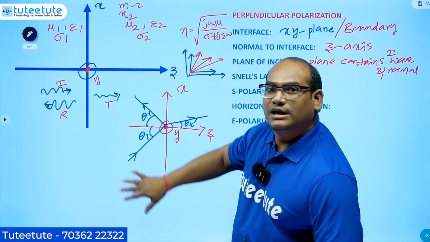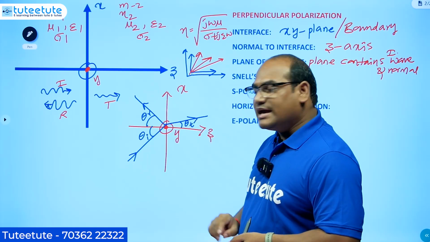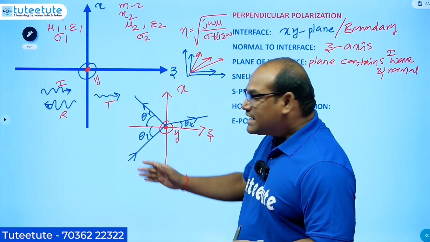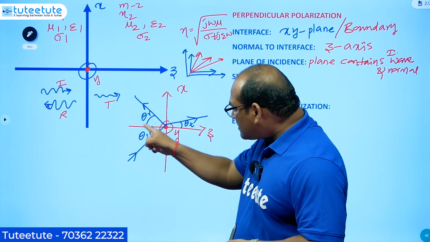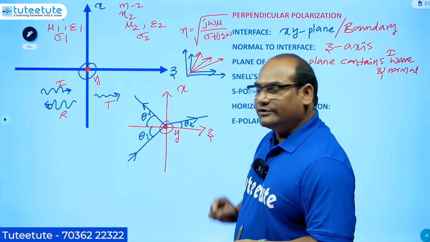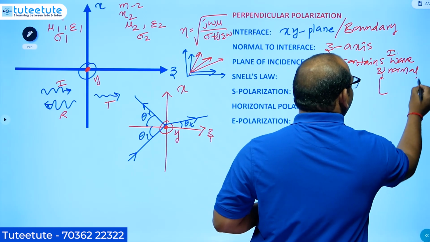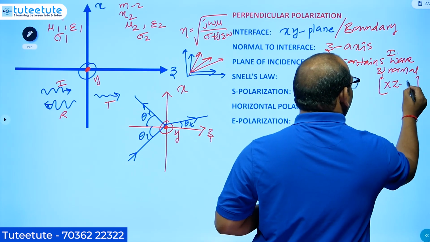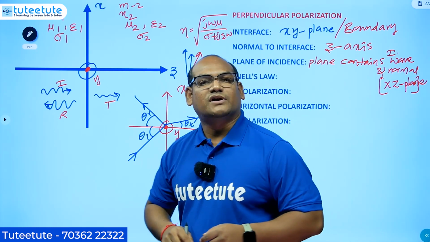This plane only. What is that plane? The XZ plane. In our case, the XZ plane contains the normal to the boundary and the incident wave, so the plane of incidence is the XZ plane. That is what I want to tell.